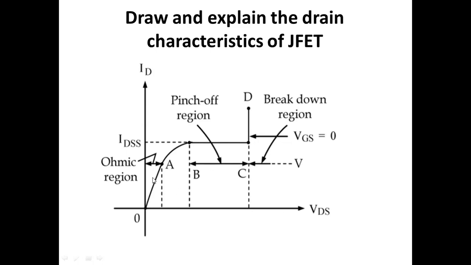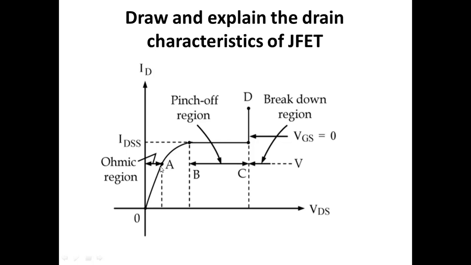Okay, so first we'll discuss the ohmic region. Ohmic region గురించి discussion చేద్దాం. In this region, the drain current ID increases linearly with the increase in VDS. ఇక్కడ VDS ని increase చేస్తే, as the VDS increases, the drain current ID increases linearly. ఎట్లా అంటే it simply acts as a resistor.